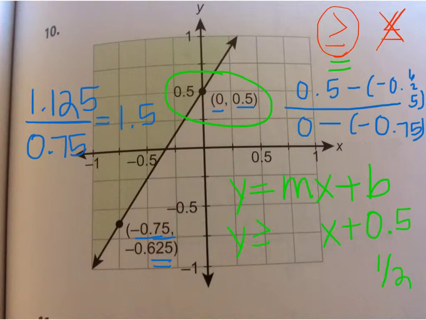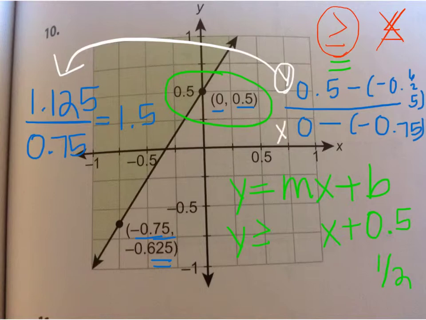So when we figure those out, the y comes out to be 1.125, and the x is 0.75.